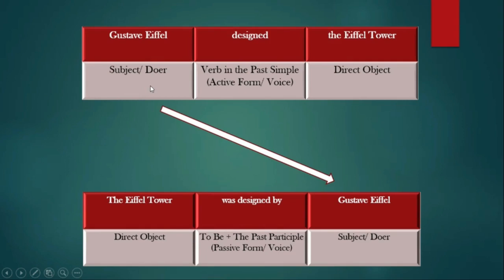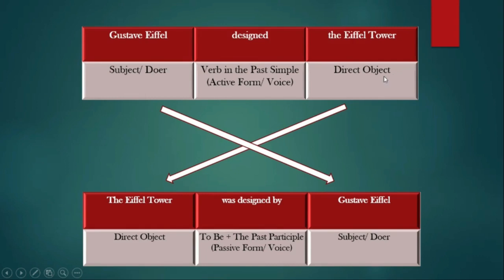When I turn my sentence from active into passive, the doer of the verb takes the last place in the sentence. So the order must be changed. And the second arrow, the Eiffel Tower, which is the direct object, comes first. But the verb remains in the middle.